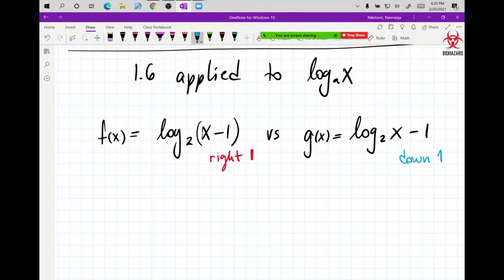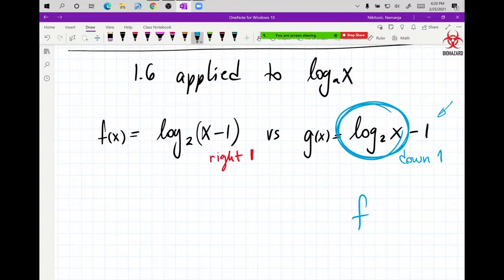Now I need everyone to stare at this and realize that these parentheses are not there for decoration, right? They serve a clear purpose, and you can see that by PEMDAS. Because logs are related to exponents, all of this is glued together, and then you have minus 1.